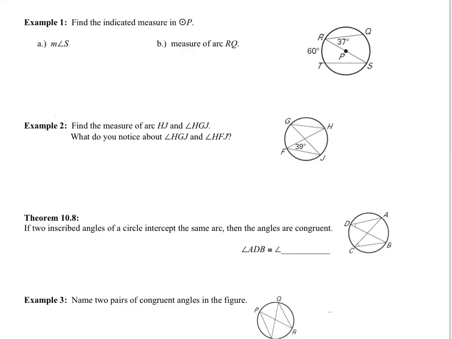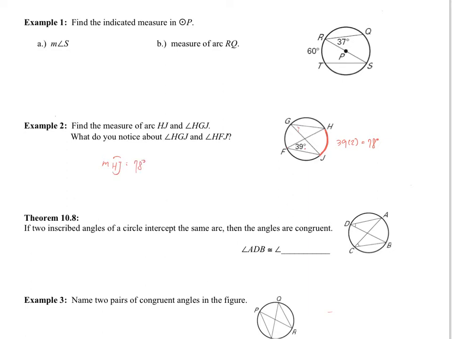Example 2. Find the measure of arc HJ and angle HGJ. Okay, so I know that angle HFJ is 39 degrees. I could double that, which is 78 degrees. So my measure for arc HJ is 78 degrees.